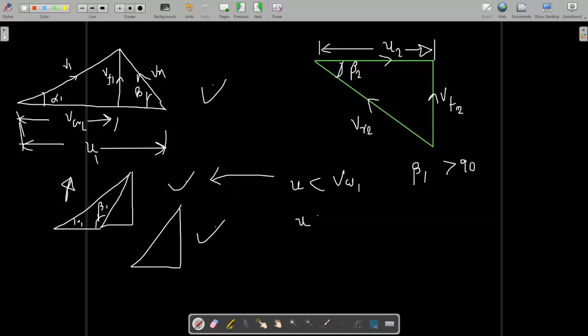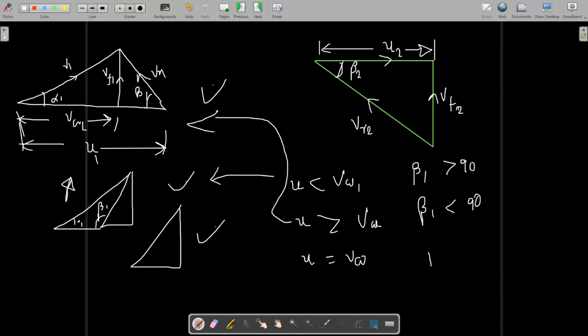If U is greater than Vw1, that means beta 1 is an acute angle, so at that time you have to use this triangle, the first one. And if U is equal to Vw, then beta 1 is 90 degrees, that means radial flow at inlet.